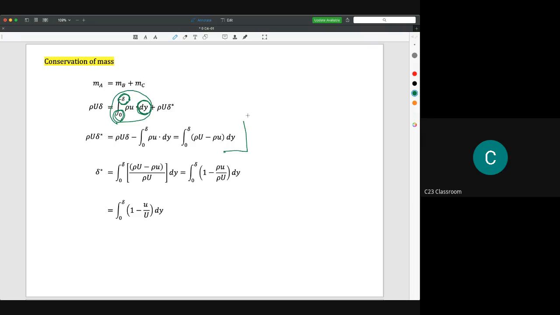We bring the delta star to the left because we want to find what delta star is, and then we do some reverse calculation. We just put the integration for rho u, and then we could merge the terms into this one. Then we bring the rho U here to the right-hand side, and finally we could say that delta star is actually this term. So this is the equation for delta star.